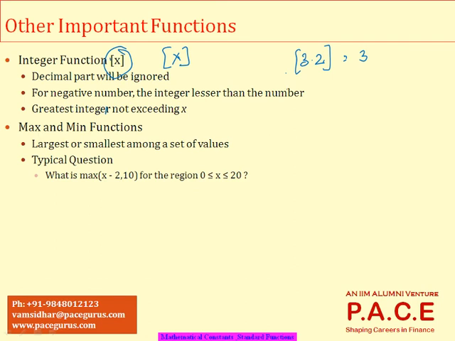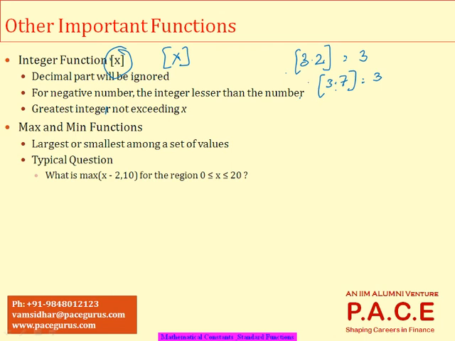Even for 3.7, the integer value is 3. It's not rounding. Try to understand the difference between the two. Always look at it as the lesser side, the immediate integer on the lesser side.